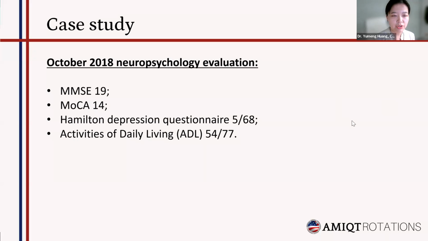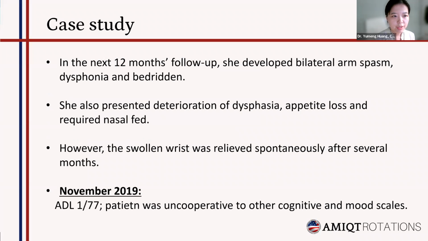During the initial visit, we took a psychological evaluation of her: the MMSE was 19, MoCA was 14, the Hamilton Depression score was 5, and ADL was 54. In the next 12 months, she developed bilateral arm spasm, dysphonia, and became bedridden.